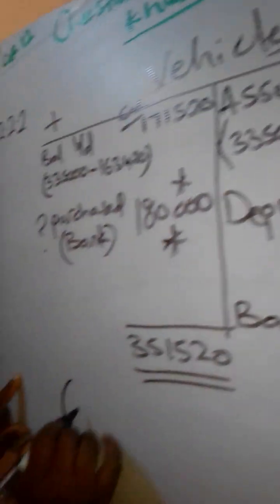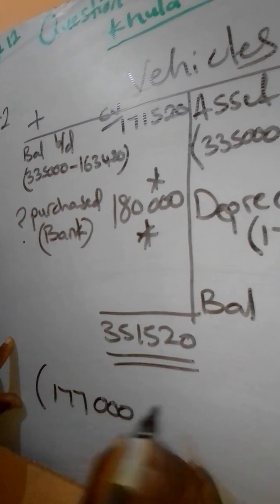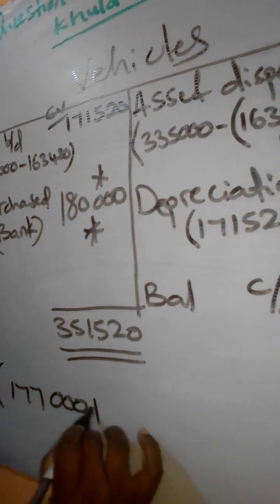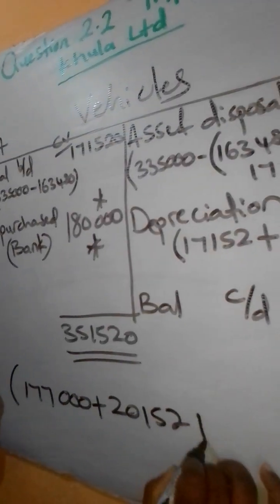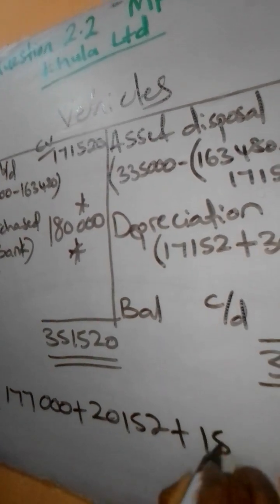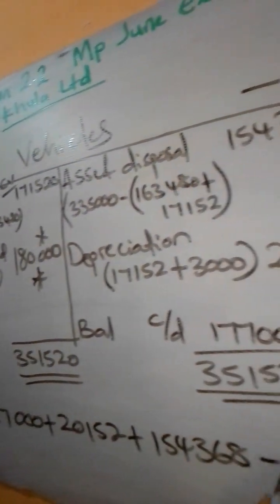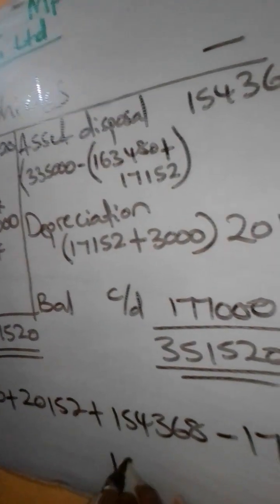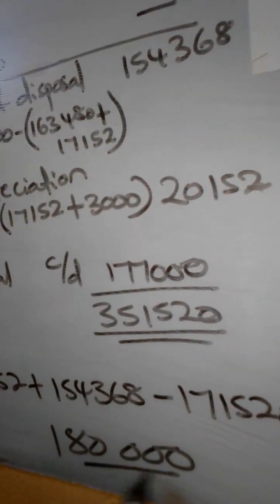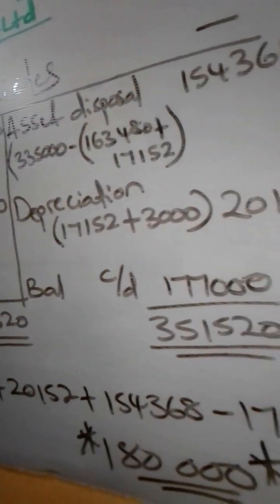So it would be like you open a bracket, you say 177,000 plus 20,152 for the depreciation plus the asset disposal, 154,368 minus the balance at the beginning, 171,520. Okay, this would also give you 180,000.